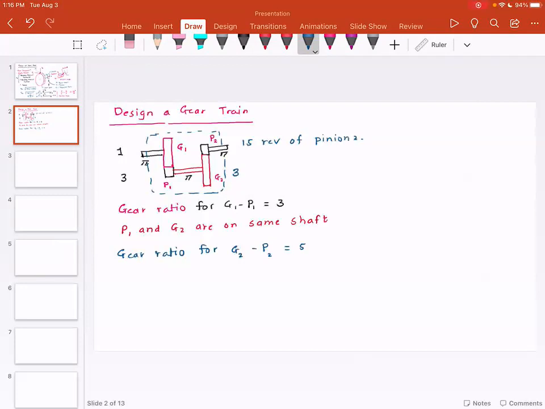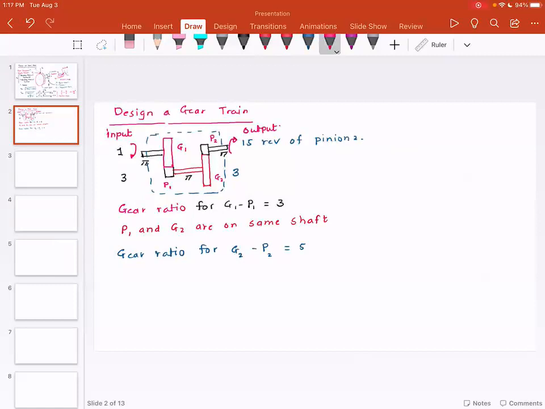2. Now what this means is if you have one revolution of the input, so I'm going to call this input, one revolution of input shaft would result in 15 revolutions of output shaft.